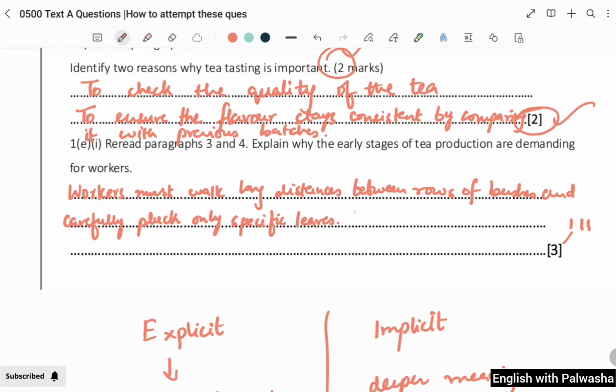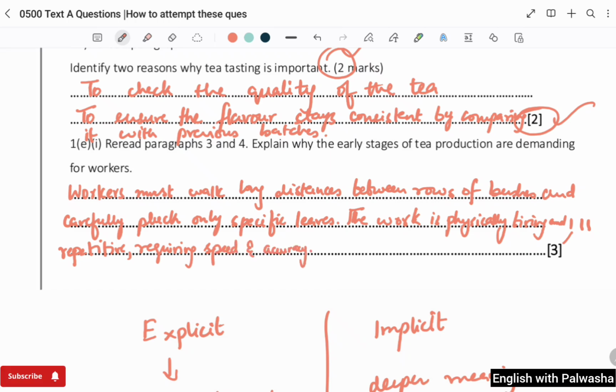Now my second point would be the work is, as we have already discussed, physically tiring and demanding, right? So it's physically tiring. And now here we can use repetitive, because we have not used this word already. So repetitive, requiring speed and accuracy, right? Now my third point would be the leaves.